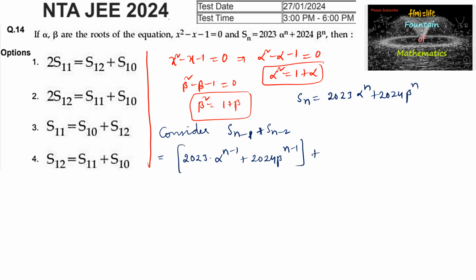We can write 2023 alpha to the power n minus 2 plus 2024 beta to the power of n minus 2.